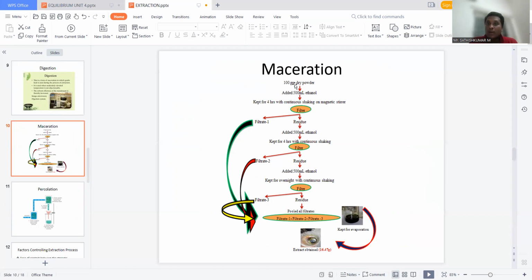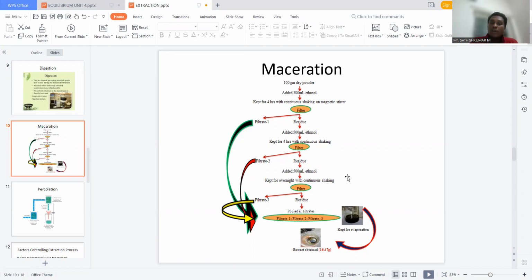We have to take 100 gram of dry powder, add 500 ml of ethanol, and keep it for 4 hours with continuous shaking or magnetic stirrers. After pouring into the filter, the residue will be collected, add 500 ml of ethanol into the residue, and keep it 4 hours with continuous shaking. Again pour into the filter, the residue will be collected, and add 500 ml of ethanol.